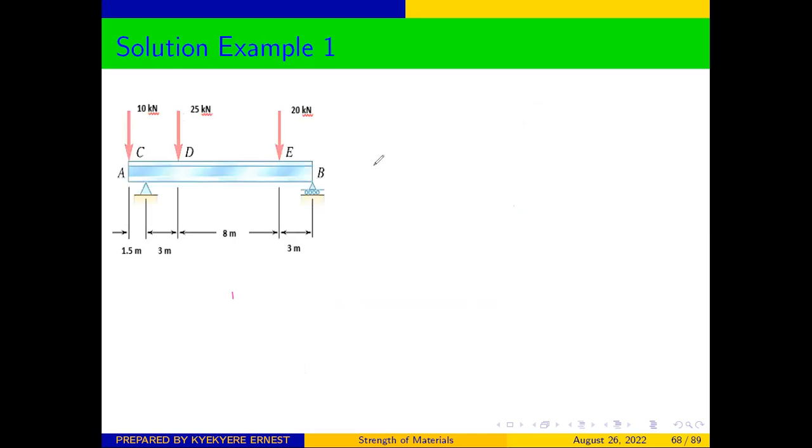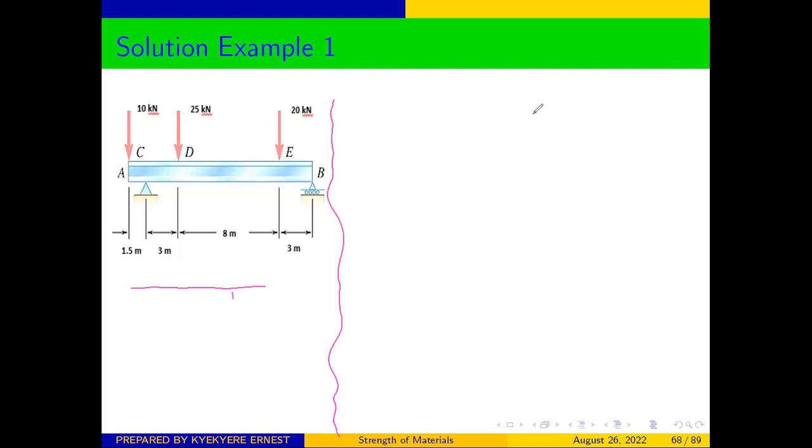So we have been given this question, and just as we saw from our previous lecture, we made mention of the fact that anytime you are given a beam to draw the bending moment and the shear force diagram, the first step you need to do is to draw your free body diagram of the structure.